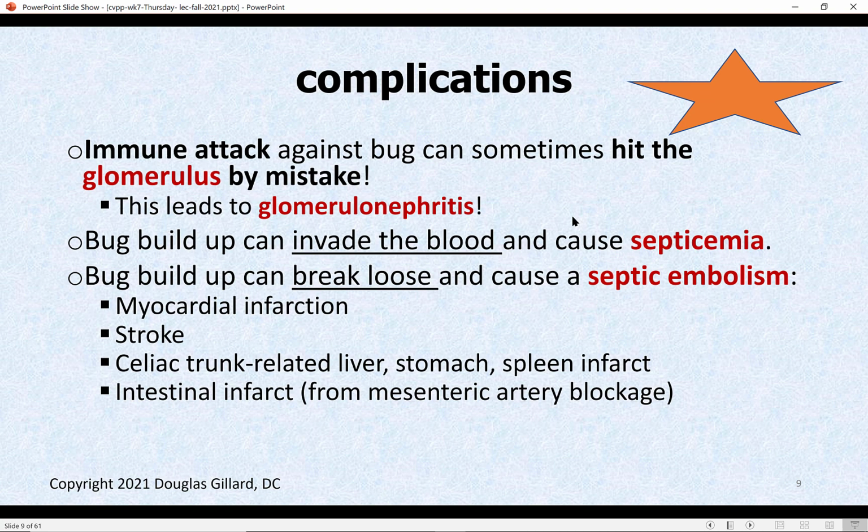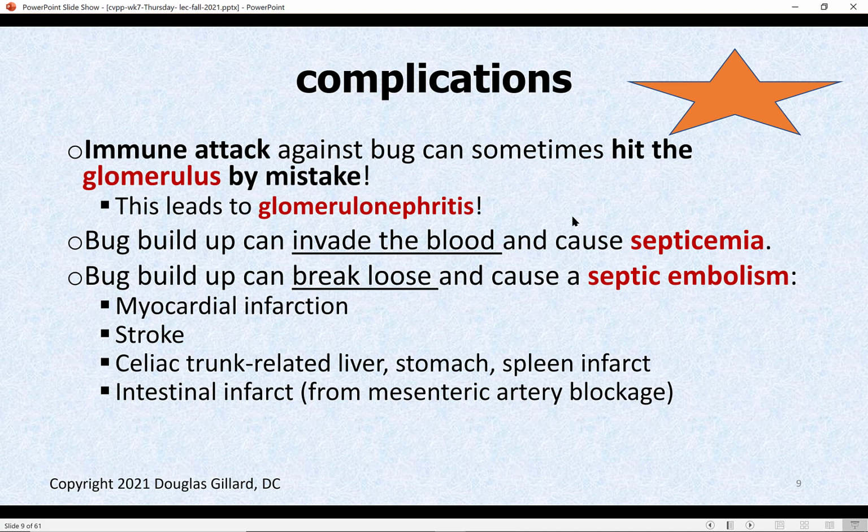So the body's immune system gets confused, and it's like an autoimmune attack against your kidney, and you can get a wicked glomerulonephritis, and you could lose a kidney from that and get all kinds of problems because of that as well. The bugs could start releasing gradually into the bloodstream, and you could end up with a septicemia.